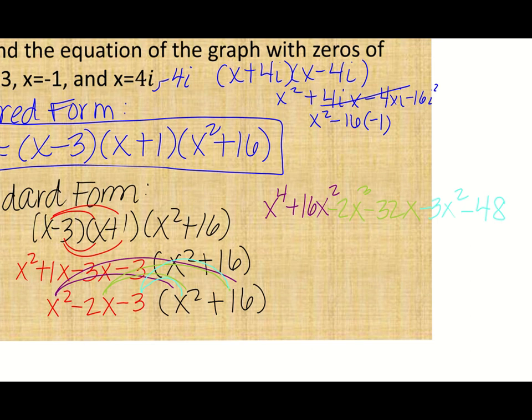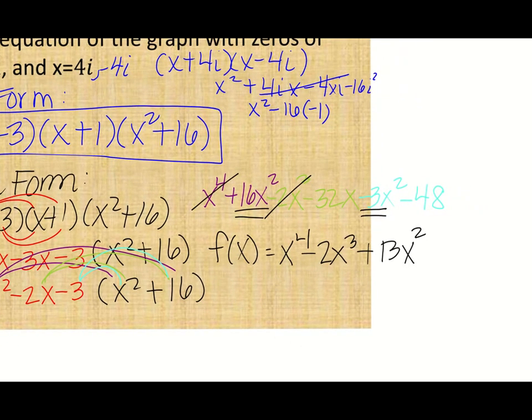So a lot of multiplying out here, but now I can just combine my like terms to get my final function. So I only have 1x to the fourth, 1x to the third term. I'm going to combine my x squareds, so that's going to give me plus 13x squared. Then I have 1x term, so I have negative 32x minus 48.